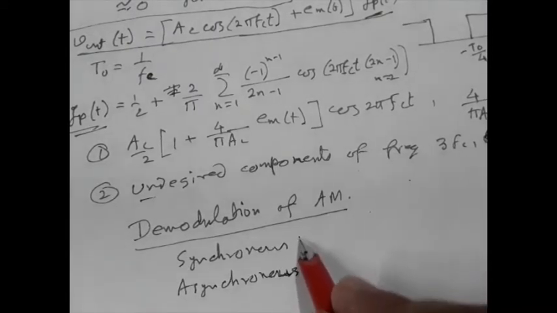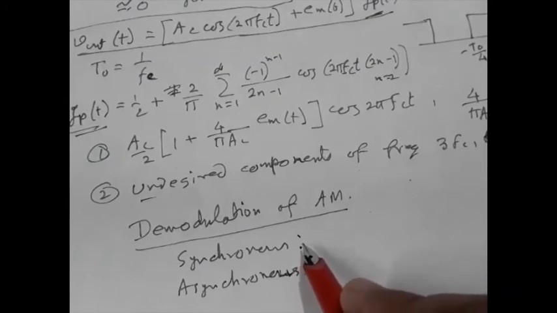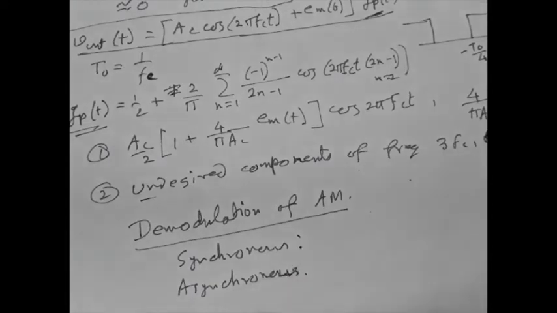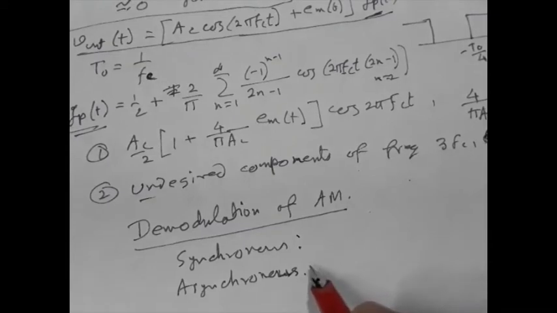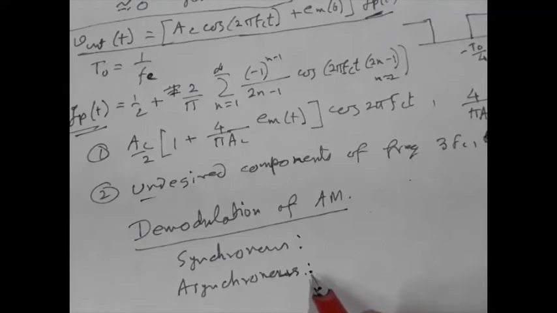In synchronous demodulation, generally we have an oscillator at the receiver side, and that oscillator should produce a signal that is well synchronized with the incoming carrier. But for asynchronous detector or demodulator, we don't require such a synchronized oscillator at the receiver.